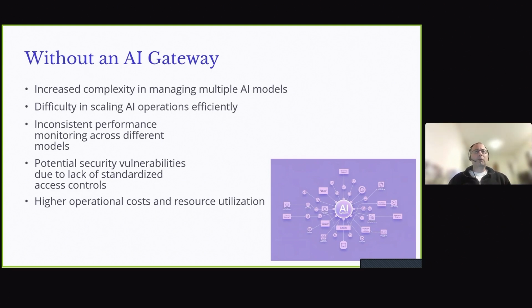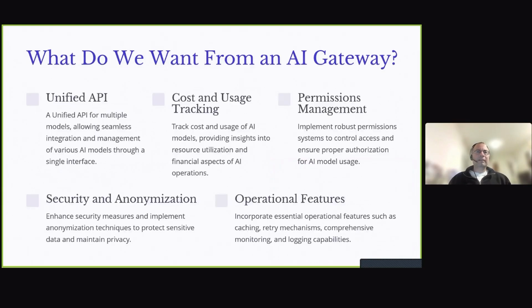Of course, the different models and the costs are unique to AI, but other stuff is not. So there are some problems, and when we see those problems and we have the experience with API gateways, we can start to define what we want to achieve and get from the perfect AI gateway.